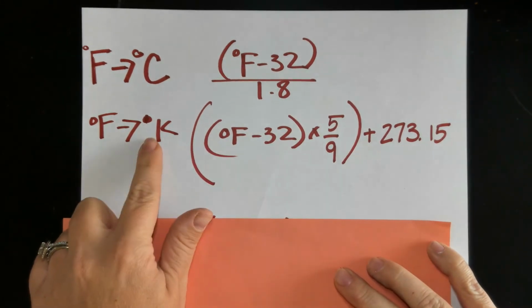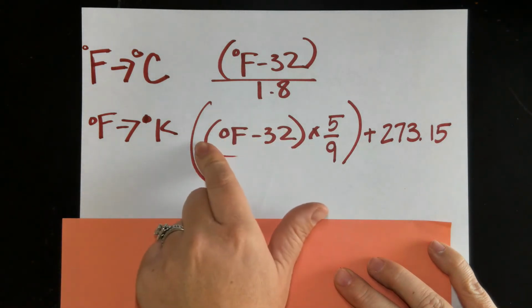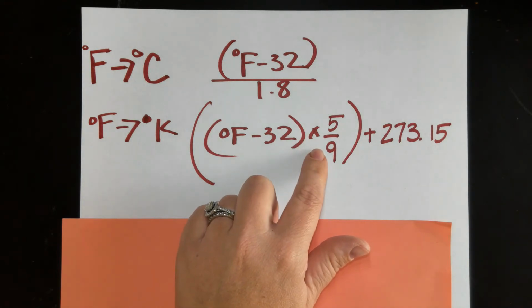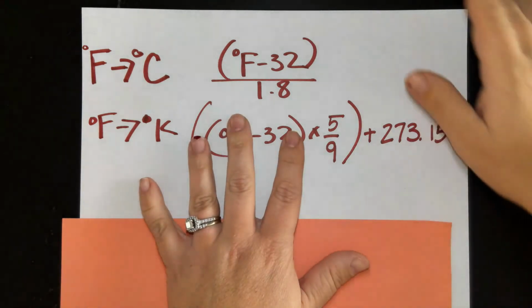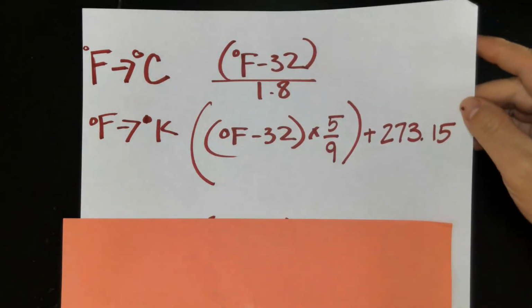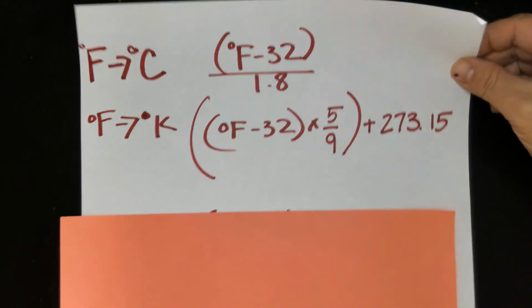If I want to go from Fahrenheit to Kelvin, Fahrenheit is what we know. We plug that into the formula: your Fahrenheit minus 32 times 5/9, then add 273.15 to it. These are two formulas to solve from Fahrenheit to another scale. You might want to pause your video and mark these down.